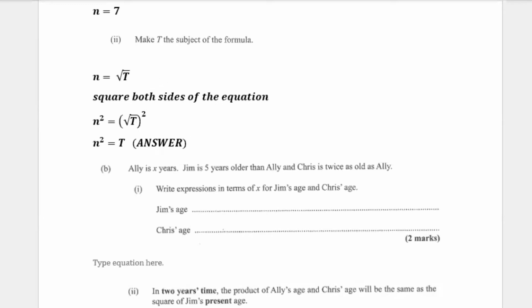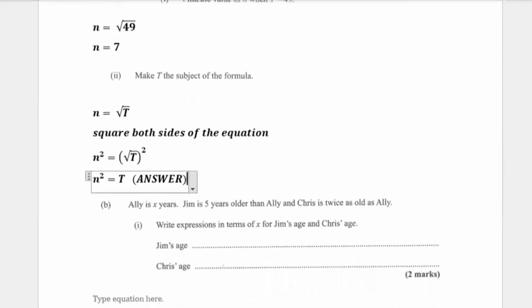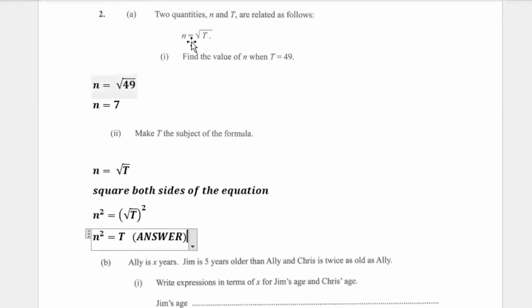I guess you can say that, but basically because remember they gave us the equation here, which is n is equal to the square root of t. All they're asking you to do is just to manipulate the formula in order to make another variable the subject. You'll see this a lot on other past paper questions where they'll give you formulas and it could contain more than one unknown variable.